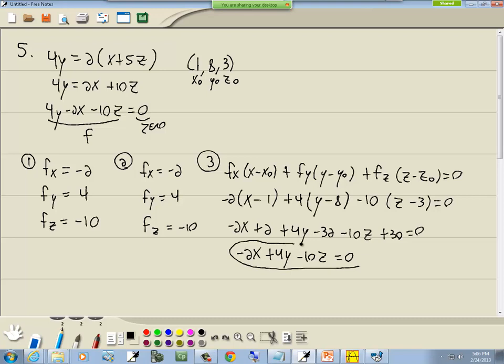That's weird. And this would be your equation of the tangent plane. But now that I think about it, it's not so weird, because think what our initial graph was. It was a plane, wasn't it? And if you think about it, the tangent plane is going to be that plane. So it's the same thing as what we just found.